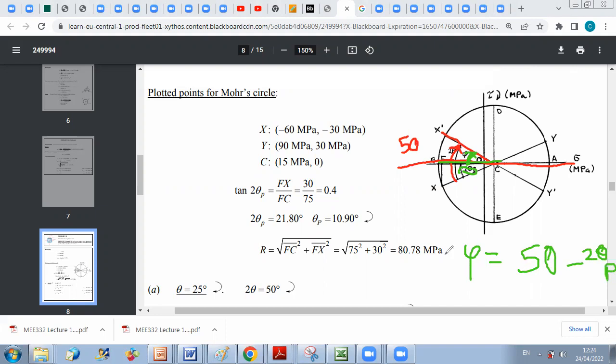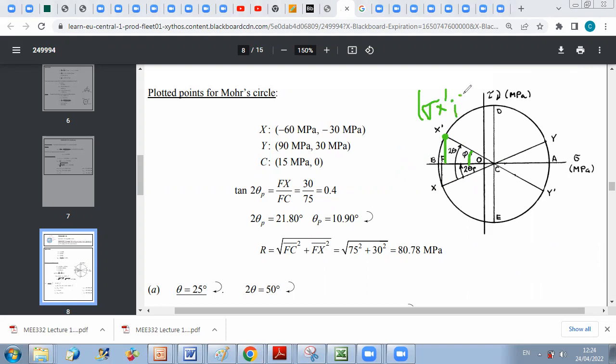And once I obtain phi, I can easily calculate sigma x prime and tau x prime. Because once you know this angle, you get this distance. So this point has coordinates sigma x prime and minus tau x prime y prime. This distance CX prime is the radius of the circle.